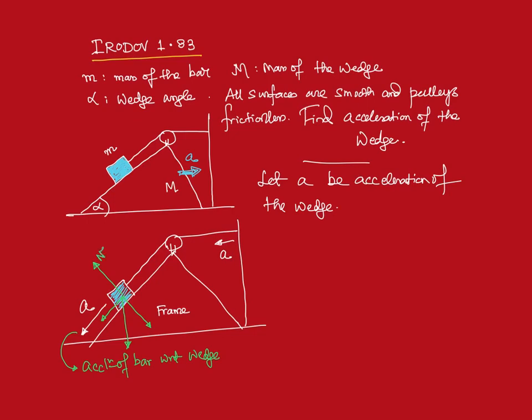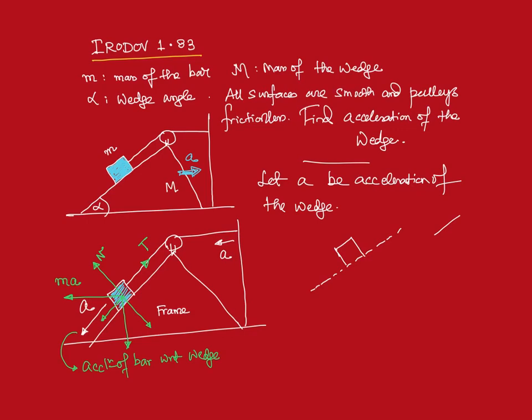So that is the normal reaction, that is tension T, and if you look from the wedge frame, there will be a pseudo force to the left, ma, because the acceleration of the wedge is A towards the right. Now we will draw this and draw the bar and write the equations or apply Newton's law.